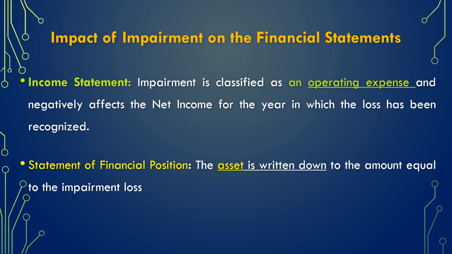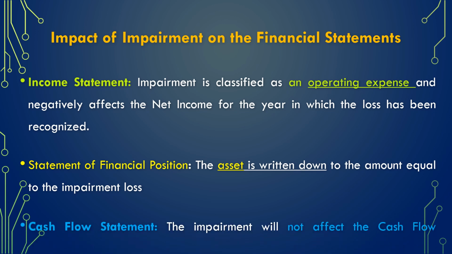In the statement of financial position, the asset value is reduced because the asset is written down by the amount of the impairment loss. However, the cash flow statement is not affected by the impairment because no cash transaction takes place.